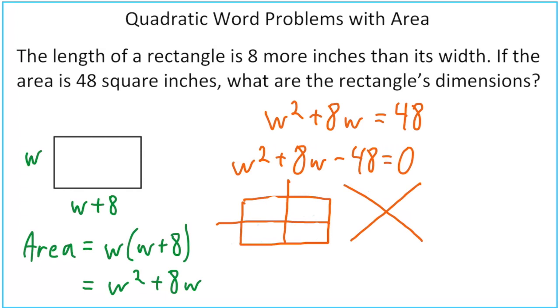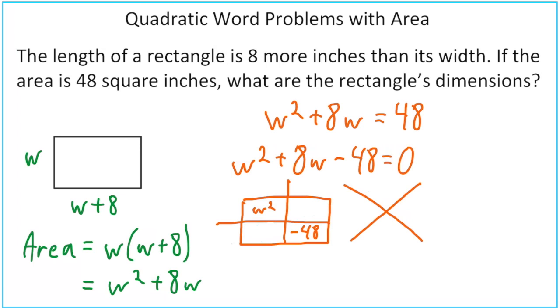If you want to stick with diamond box because you're used to that, go ahead and do that. But I like doing it this way because the first thing I want to do is write W squared in the upper left part of the box and negative 48 on the bottom right. The box really is the focus of this to give us our factors. The diamond or X is just there to fill in these missing spaces in the box.